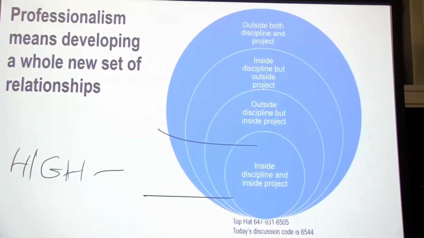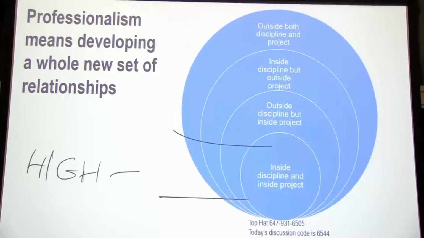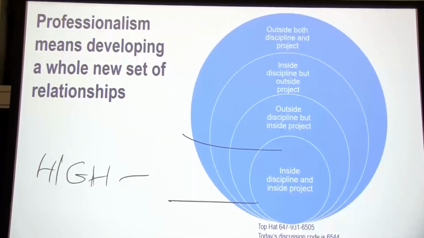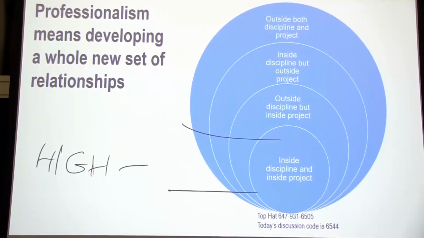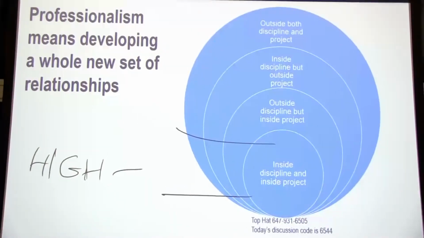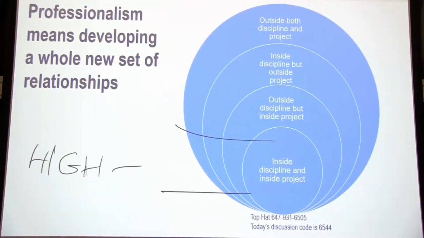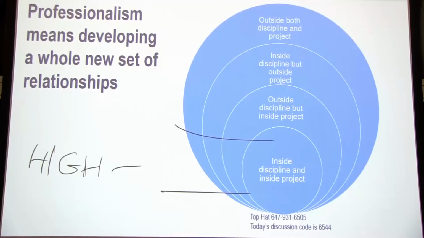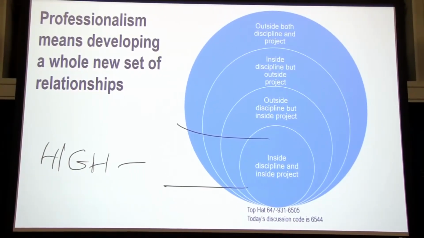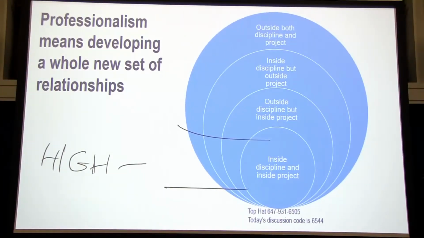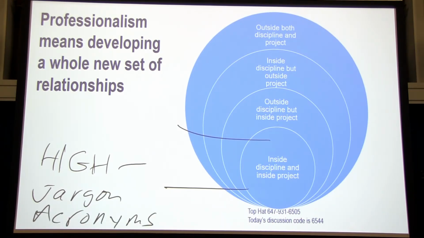These are the people inside your discipline and inside your project, and they have the highest degree of understanding of what you understand, and you can talk to them and communicate most efficiently. So you can use jargon, acronyms. And this is your team.